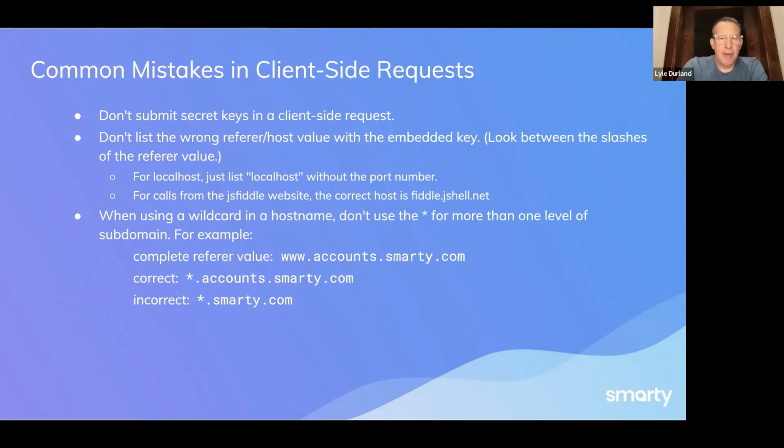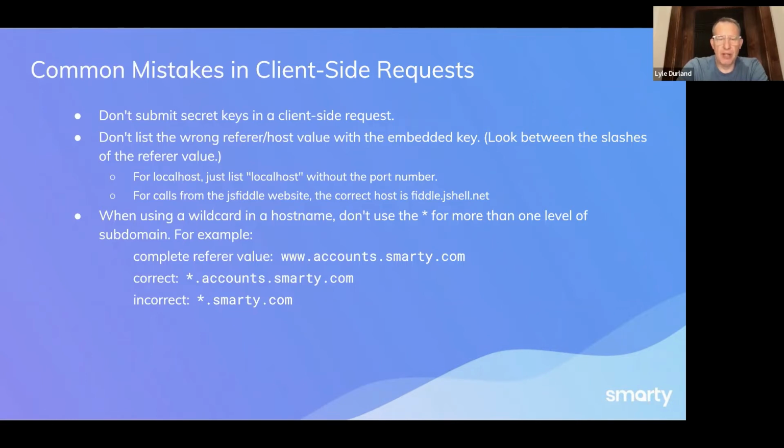Okay, next common mistake is related to wildcards. When using a wildcard in a host name, don't use the asterisk for more than one level of subdomain. So for example, if the complete referrer value is www.accounts.smarty.com, correct would be to use the asterisk to replace only one level of subdomain.